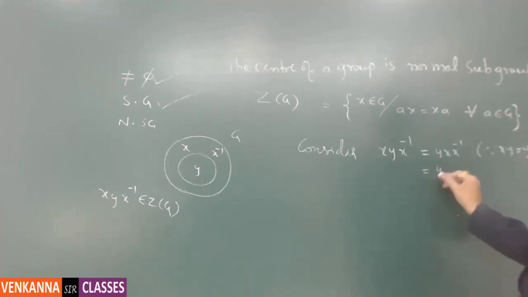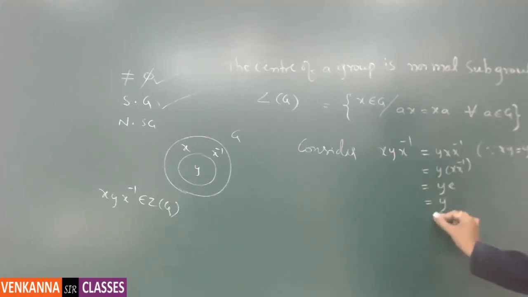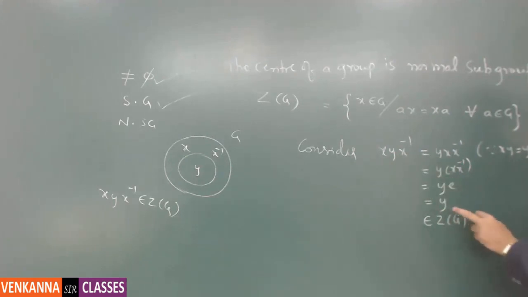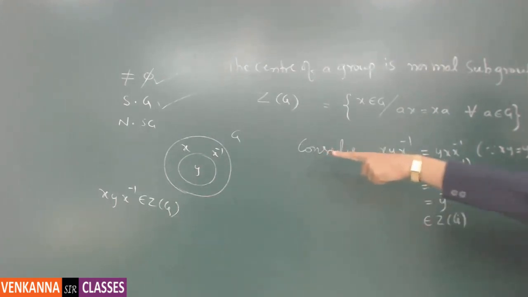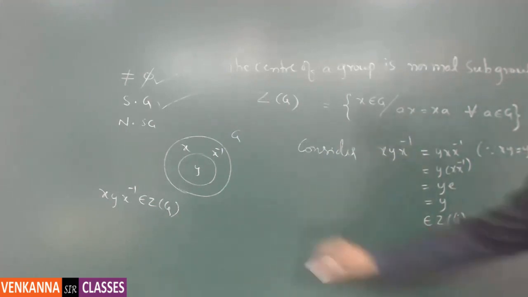Applying the associative law, you can write like this. Because the value of X Y X inverse is becoming equal to Y, and Y is a part of the center, therefore this value belongs to Z of G, hence it is a normal subgroup.